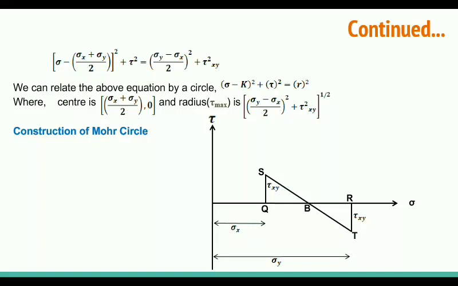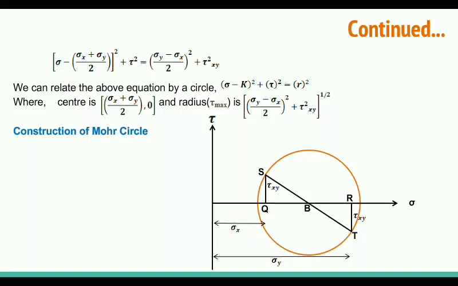Now we have B, and we can write the coordinate of B as (sigma x plus sigma y)/2. This point B is the center of the Mohr circle, right?